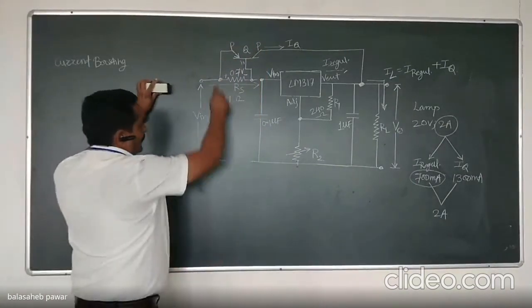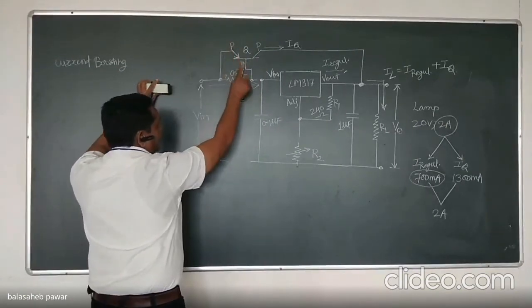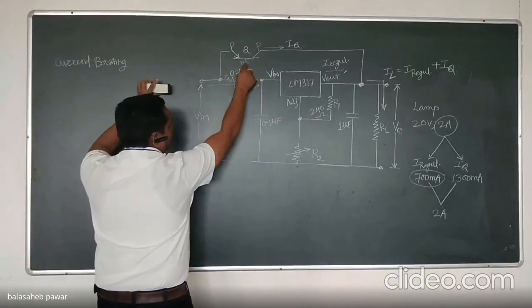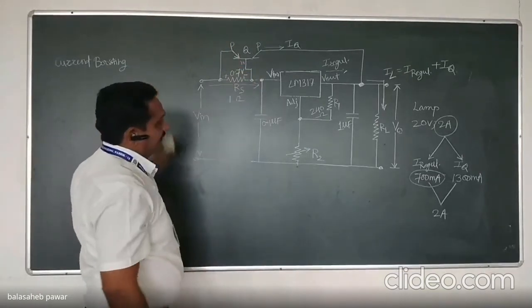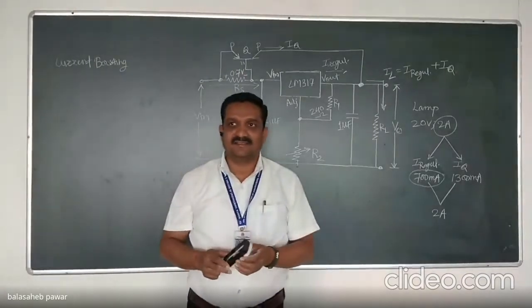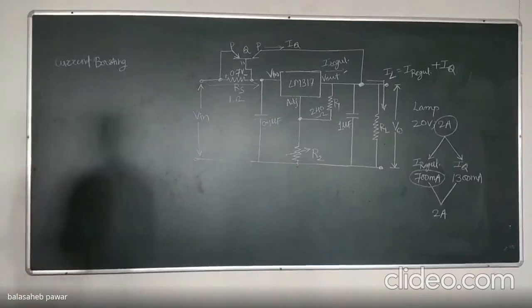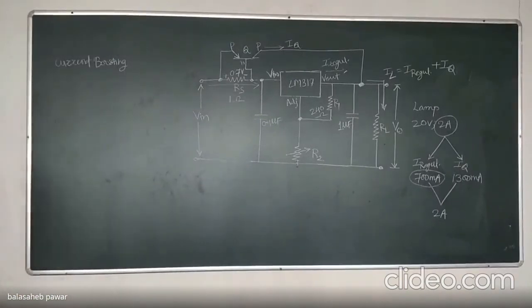That positive potential will get applied to the P region, that is the emitter terminal of the PNP transistor, and negative to the N. Whenever the emitter is at positive potential and the base at negative potential, will the shown transistor be forward biased or reverse biased? It will be forward biased, yes.